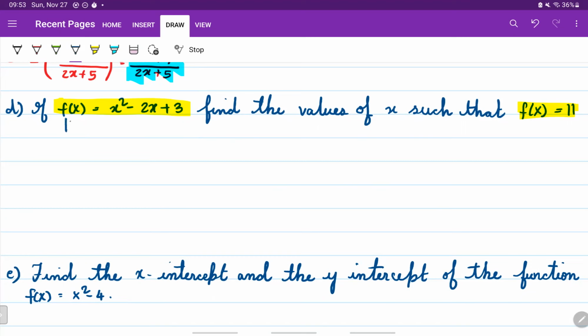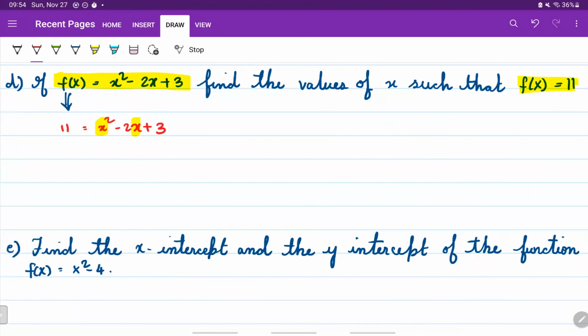So instead of f of x here, we have 11 equals x squared minus 2x plus 3. And we are asked to find what this x value is. So this is basically asking us to solve this quadratic equation and find the roots of it.